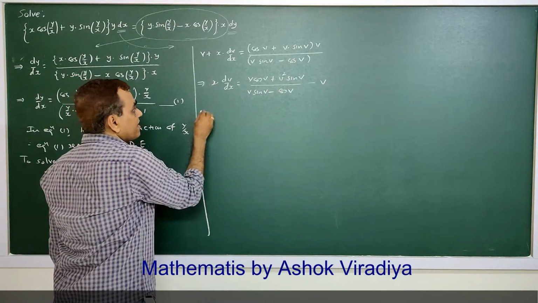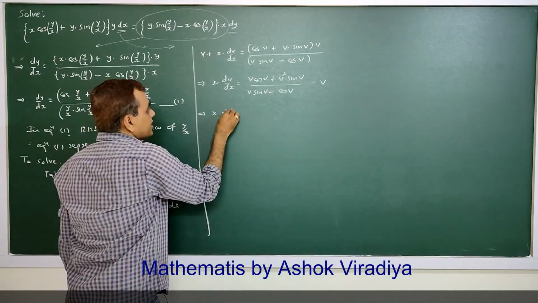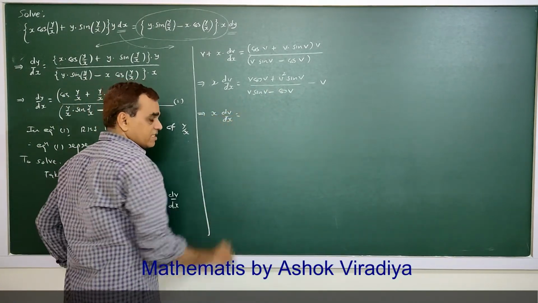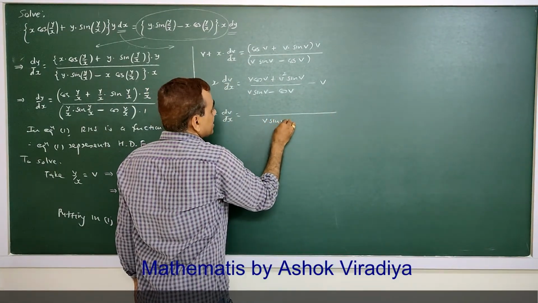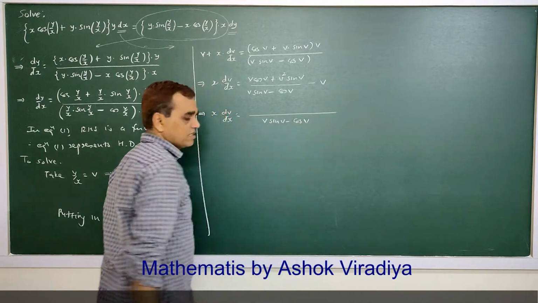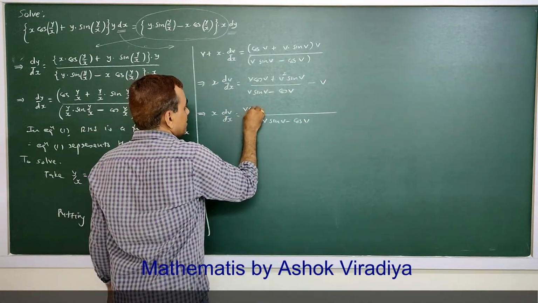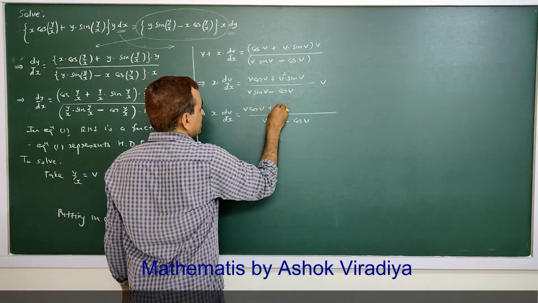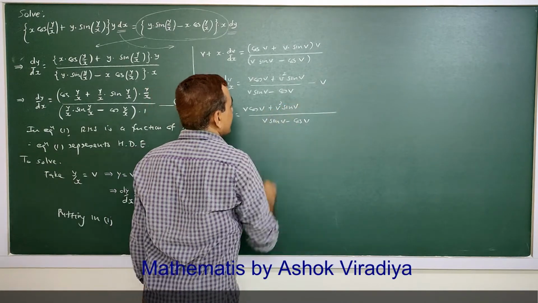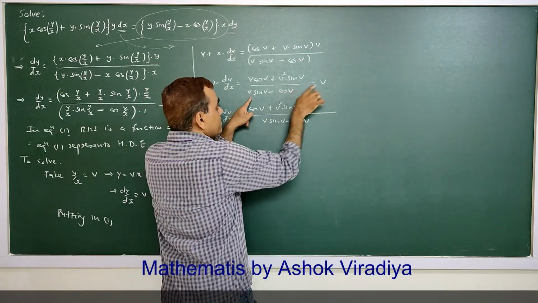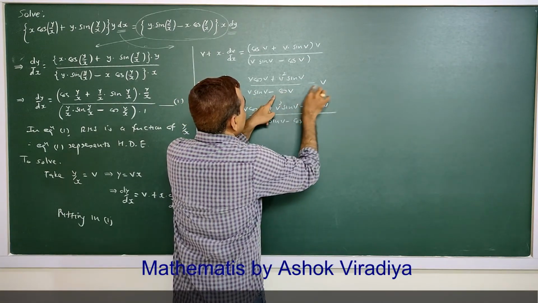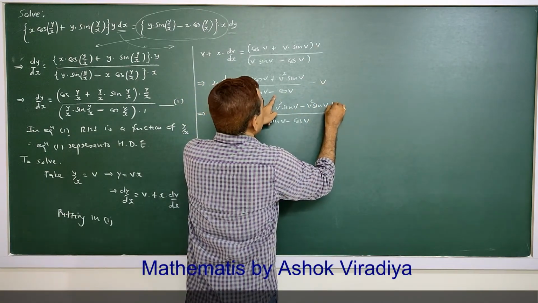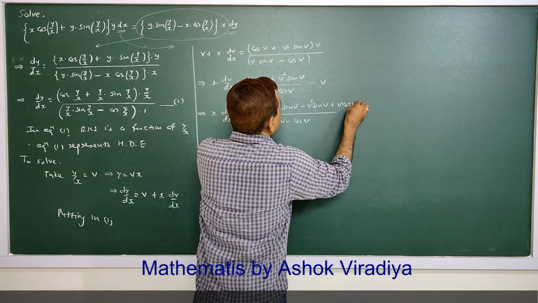Now simplifying the right hand side, x into dv by dx: the LCM is v sin v minus cos v. So here v cos v plus v square sin v. Now this will be multiplied with v, so minus v square sin v, minus minus plus v cos v.